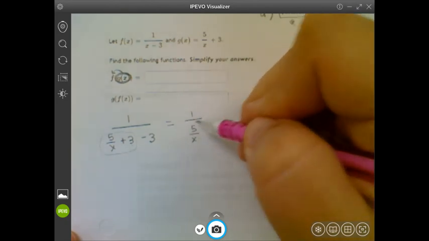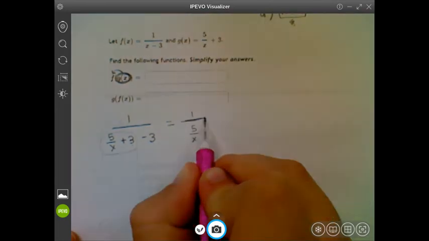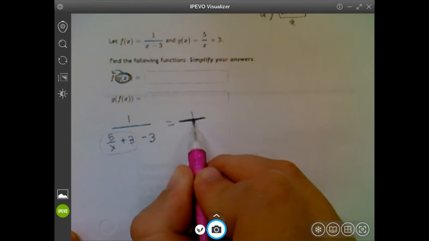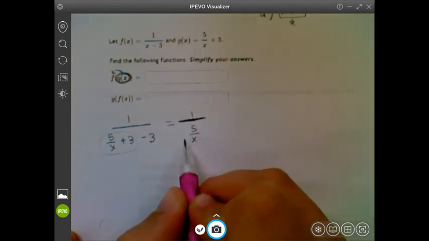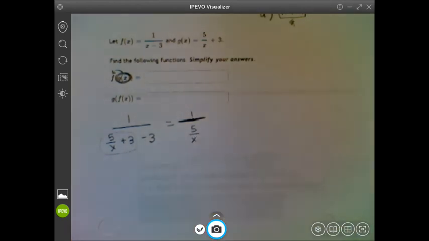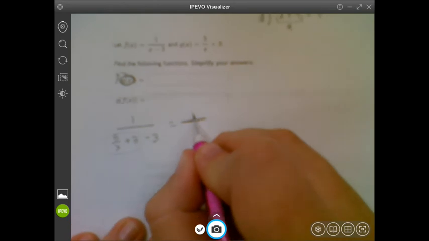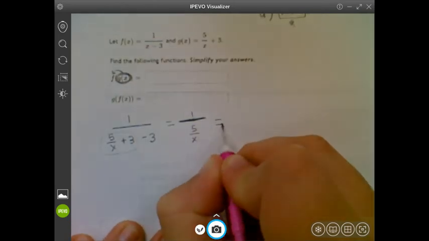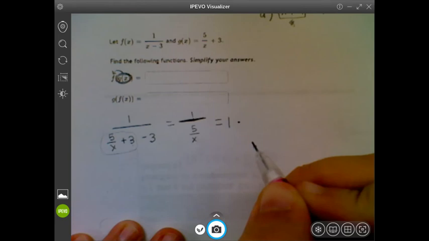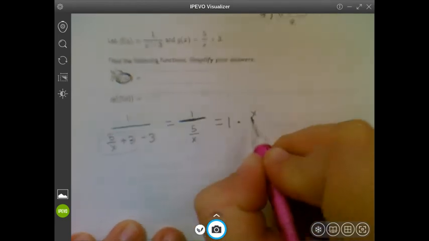And so the main thing here to remember is that this fraction right here is division, right? And so what we're doing is we're dividing by a fraction. And whenever you divide by a fraction, you can take care of that by flipping the fraction over and multiplying instead. So instead of 1 divided by 5 over x, what we can say is 1 times, and we flip this fraction over to say x over 5.